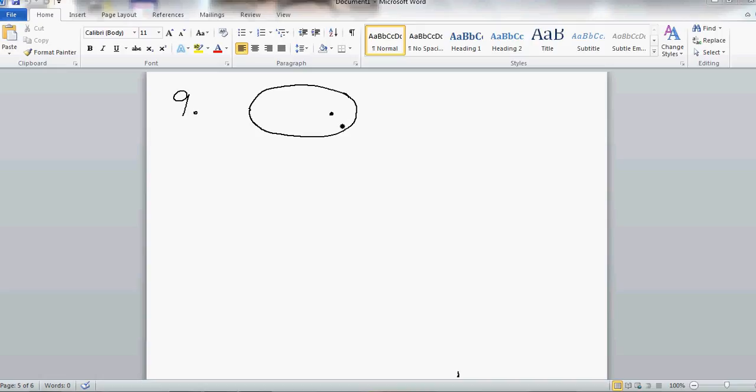Now it says the mean distance is the length of the semi-major axis. So the mean distance is from the center to, oh wait, whoops, this is minor. I need to go backwards a little bit. That's the semi-minor. Semi-major is half of the major distance, so that would represent the mean distance.